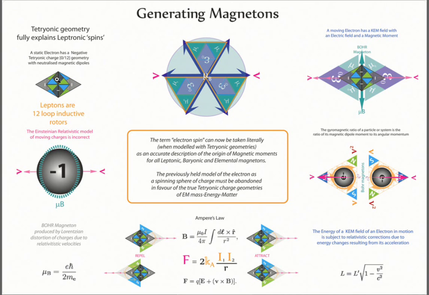And when those charges have motion, they then develop a magnetic moment. This obviously is completely different to the relativistic explanation in special relativity, but the charged geometry applies everywhere throughout physics, and this is obviously the true explanation for how we generate Bohr magnetons, etc., and other magnetons due to motion of particles in motion.